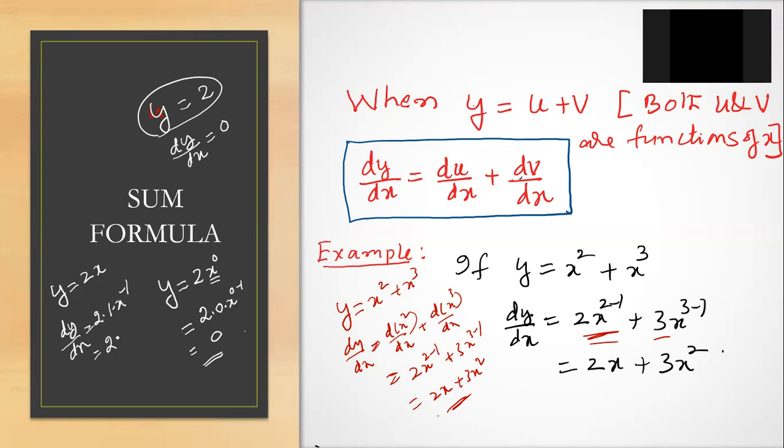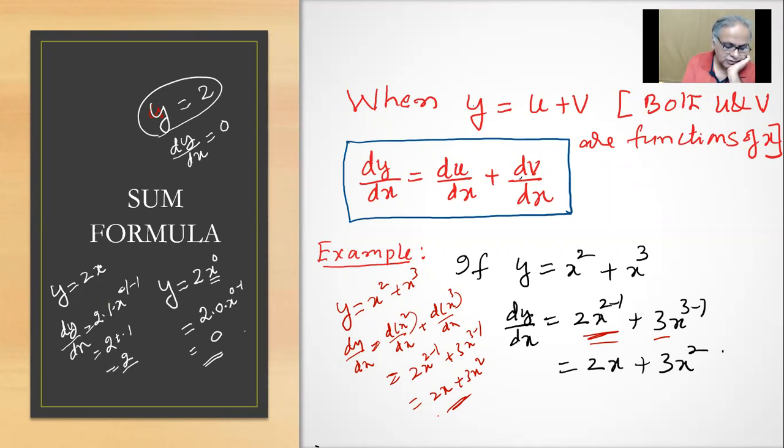So 2 into 1 into x to the power 0, which is 1. So 2. So derivative of x is 1 straight away. If x is there, derivative is 1. I told you already, if x square is there, derivative is 2x. If some constant is there, derivative is 0. X cube is there, derivative is 3x square. X to the power 4 is there, 4x cube.